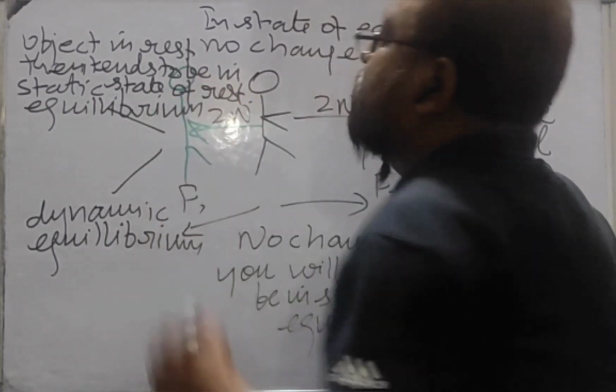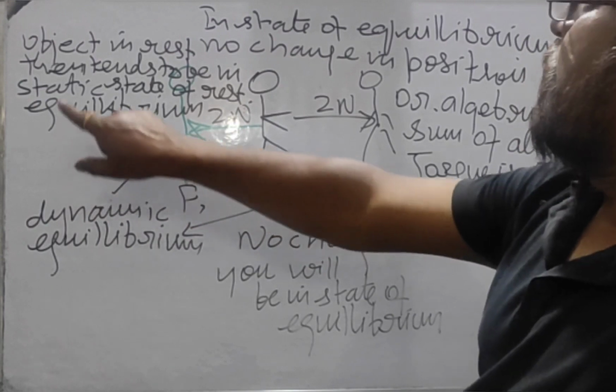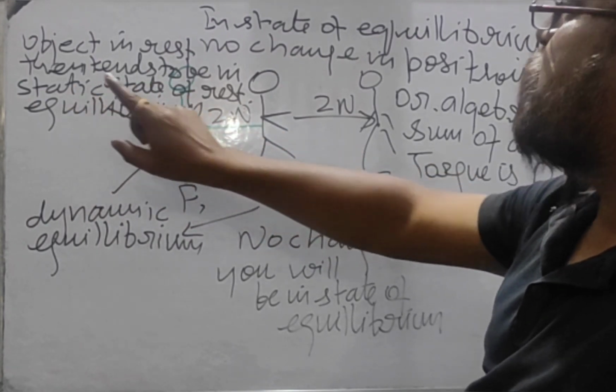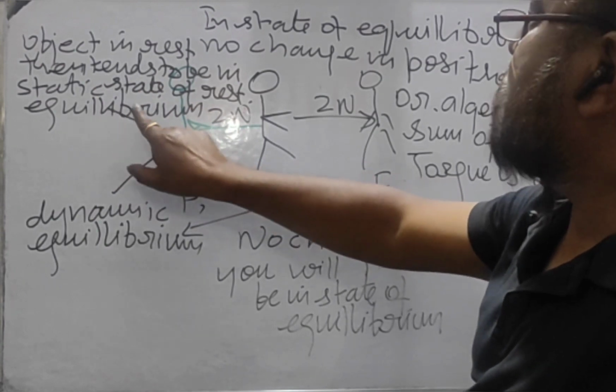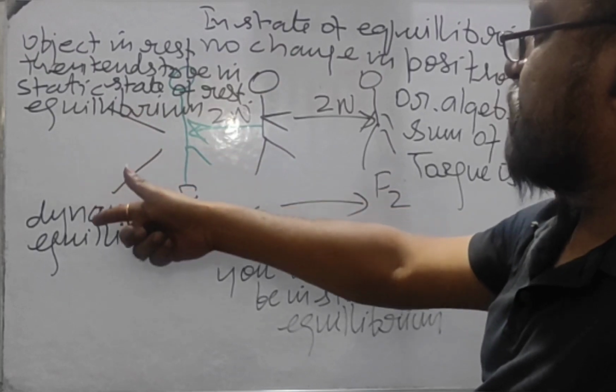Is it visible what I am writing? An object at rest tends to be in a state of rest. Then it is known as static equilibrium.